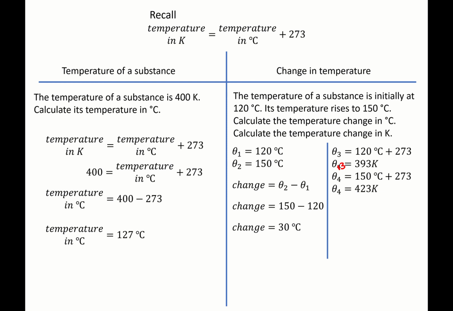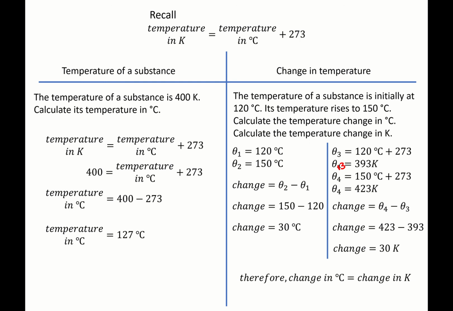So in the next part of the question, what I did was I converted all the temperature to Kelvin first. And then when I calculate the change, which is theta 4 minus theta 3, I get back the same value, 30 Kelvin. And therefore, a change in degrees Celsius is equal to a change in Kelvin.